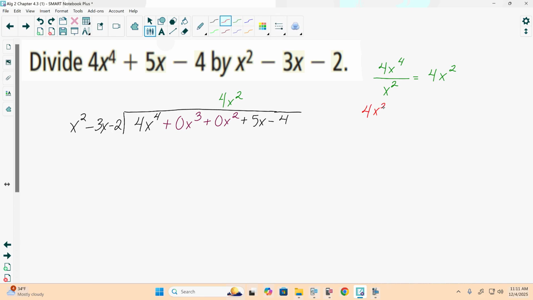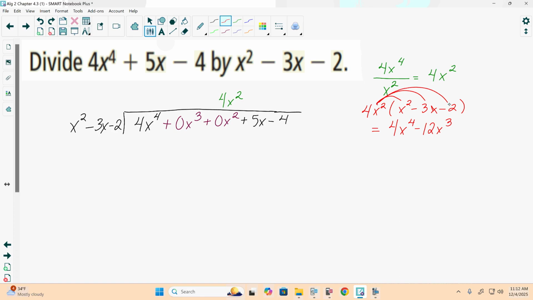Now we'll need to multiply our x squared minus 3x minus 2 by 4x squared to see what we needed to subtract from our polynomial inside to get to our next step. Now 4x squared times x squared is going to be 4x to the 4th. 4x squared times negative 3x, 4 times negative 3, negative 12x cubed.